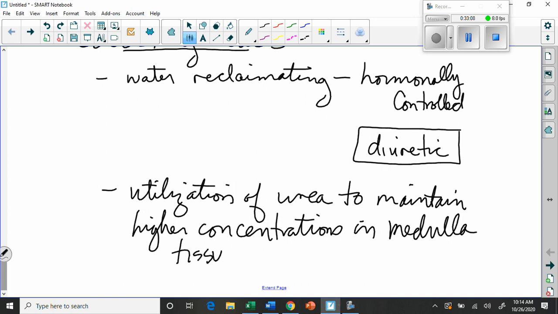And remember, those higher concentrations are important. If those concentrations aren't maintained, the loop of Henle doesn't work. And so that's what the reclamation of this little bit of urea into the tissues of the medulla helps keep that concentration very high and increases the osmolarity, right? The movement.